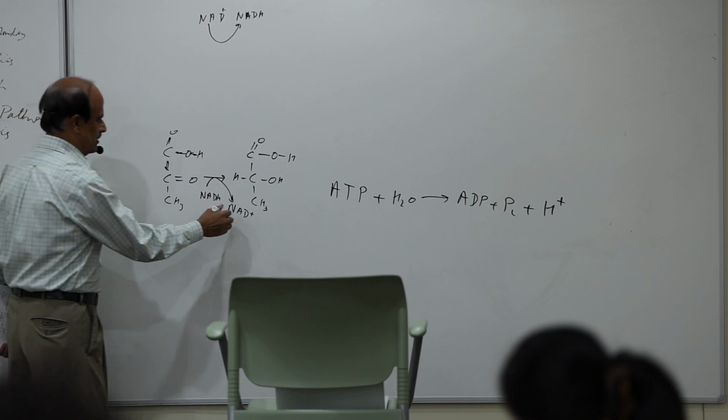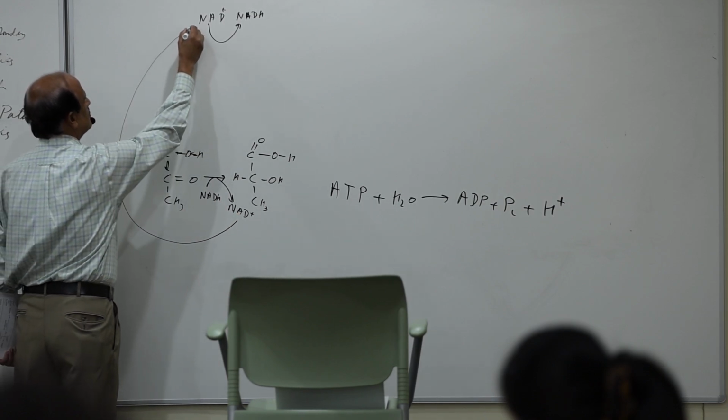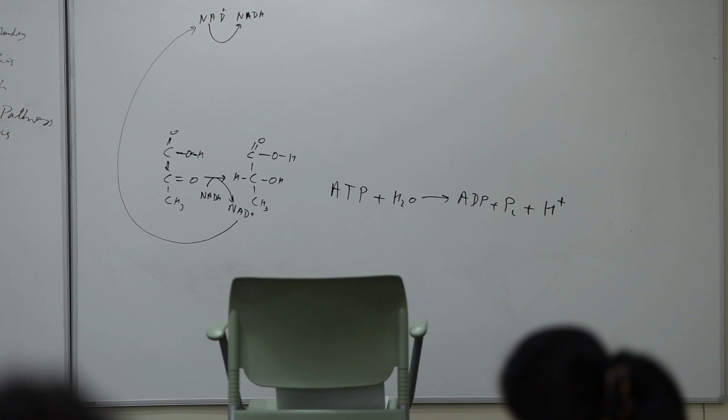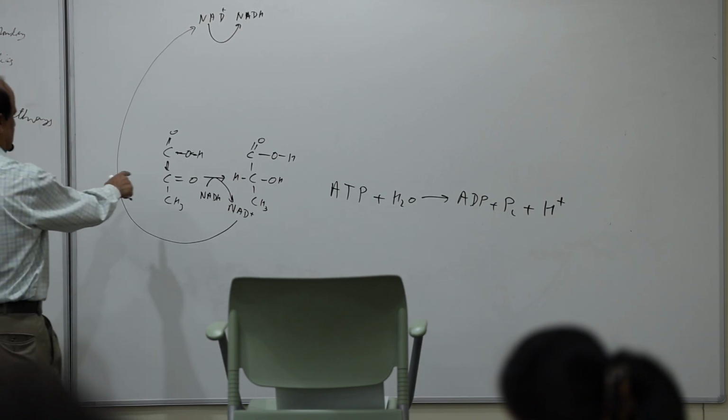So this NAD then continues your glycolysis repeatedly. You can do glycolysis only a few times. After that, you are relying on oxygen to take care of the pyruvate. But if you want to keep doing it again and again, you must get back your NAD. And this is the reason this reaction happens.